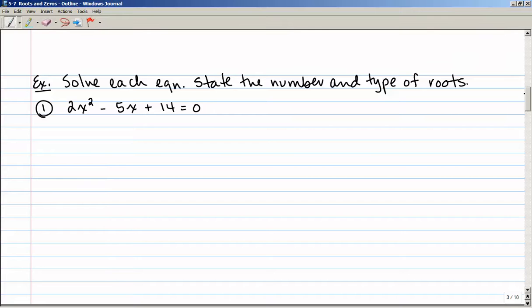So solving this equation, it doesn't really look factorable to me. Maybe it is, but remember the surefire way to solve any quadratic equation, and this is quadratic since it has an x squared, is to use the quadratic formula.